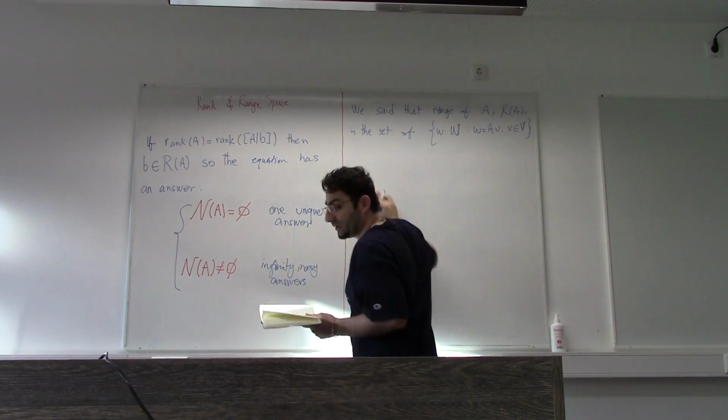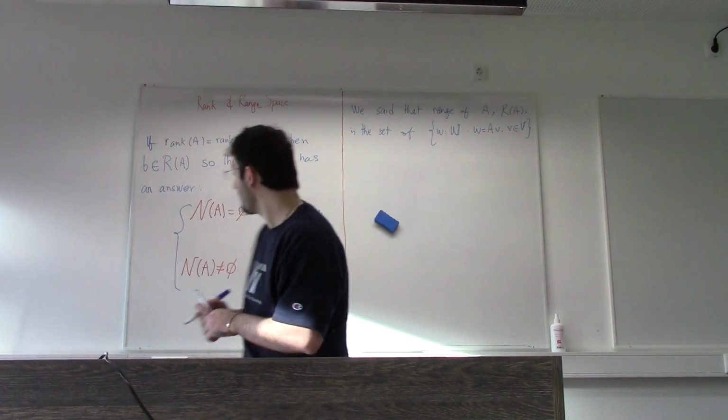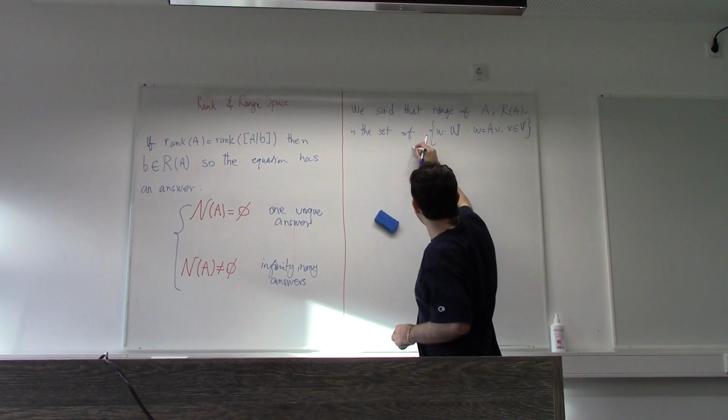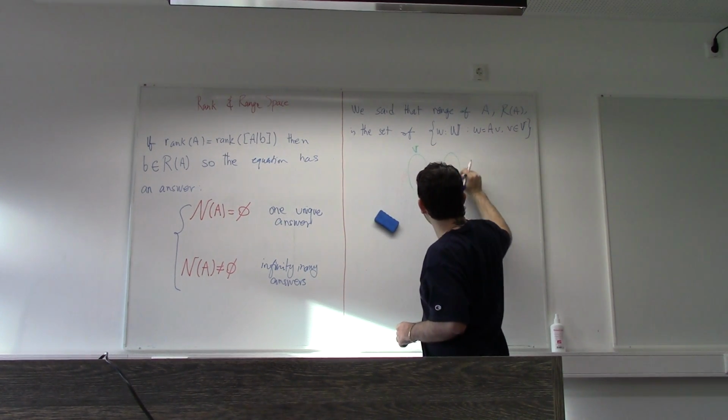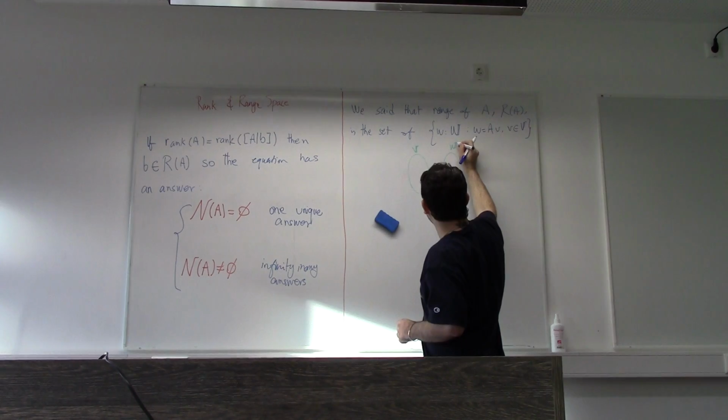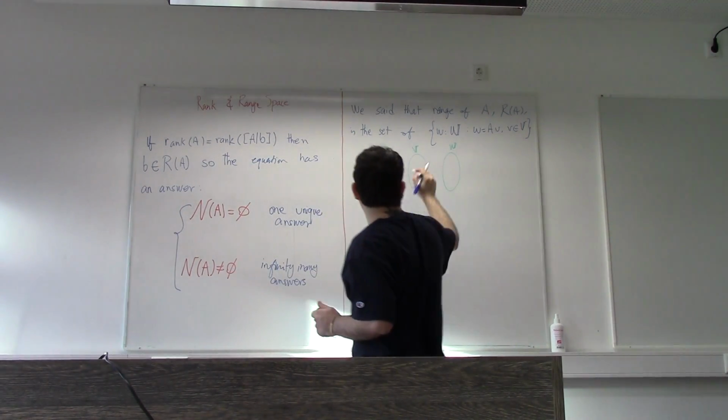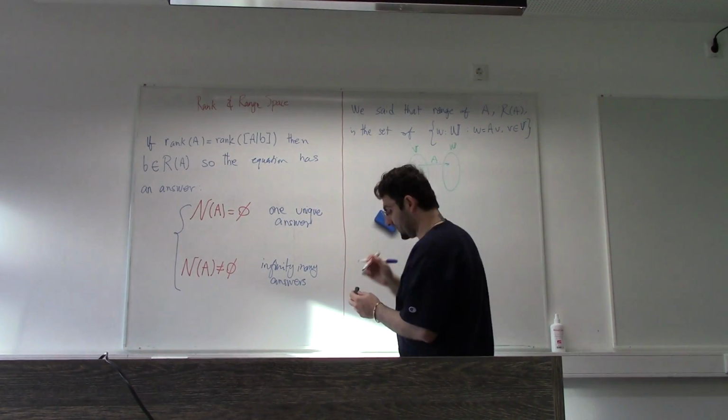So if you want to show it in a picture form, this is V, this is W, and this is A.